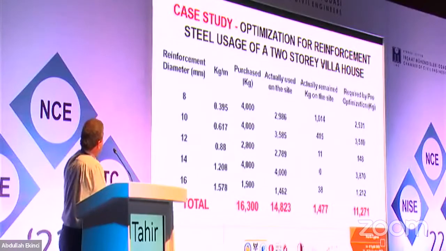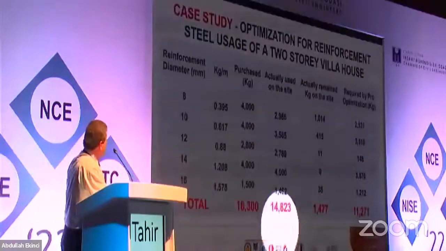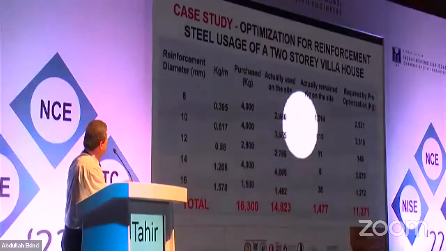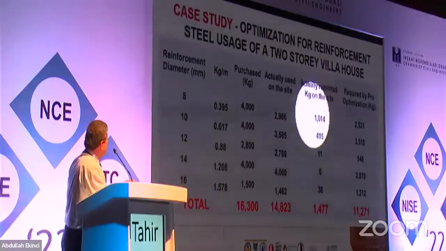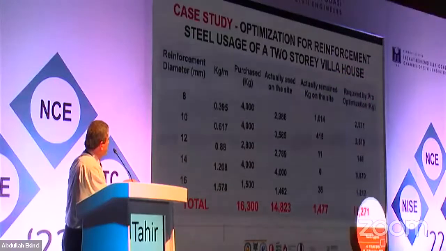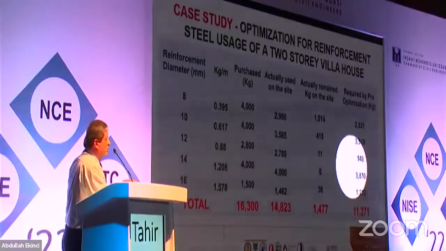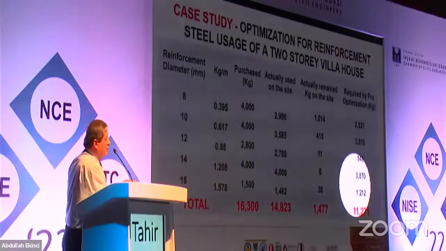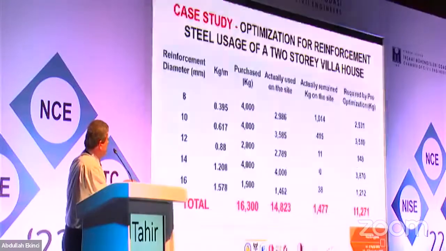And then this is what we obtained. That much reinforcement, 14,800, was actually used on the site, and what remained is this, and what is required by the Pro is this much. So the previous figure showed us that this much reinforcement is enough for this construction according to the quantity below.